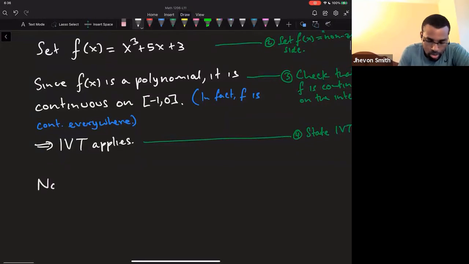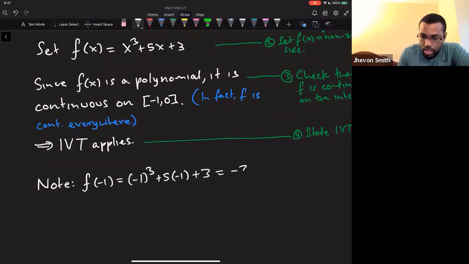So let's note f of -1 equals, well, what does that equal? -1 cubed plus 5 times -1 plus 3 is -3. Notice that is less than 0. Also, plug in f of 0.